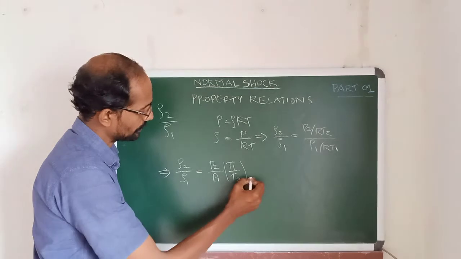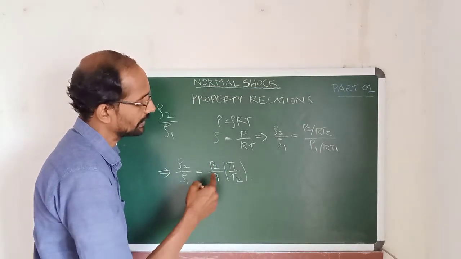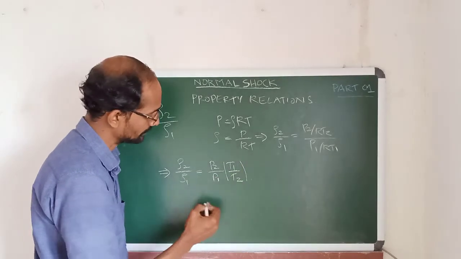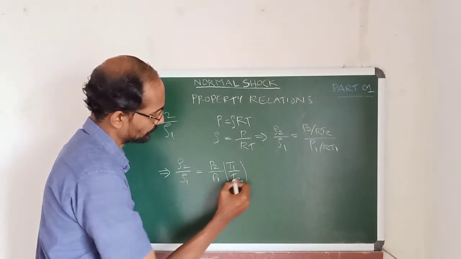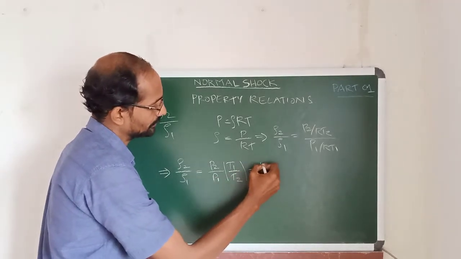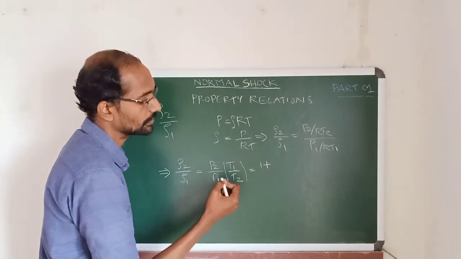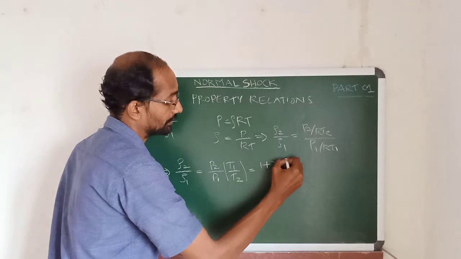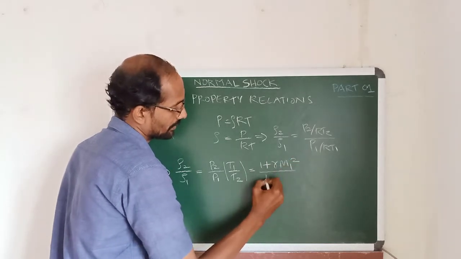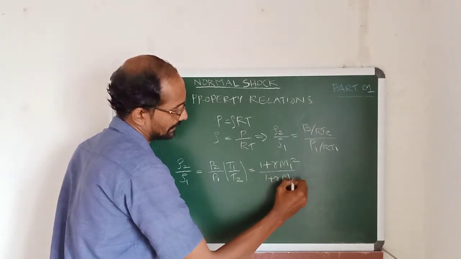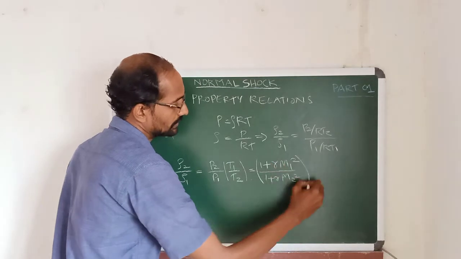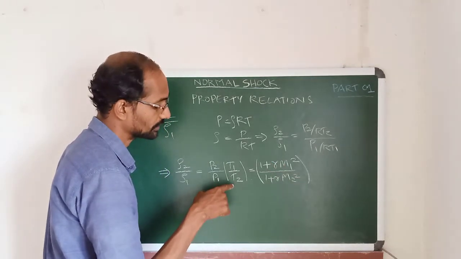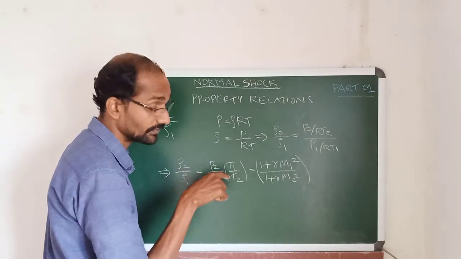Now we have already developed the expressions for pressure ratio and temperature ratio, so we will simply substitute them. For P2 by P1, you have two relations. I will simply use one, the momentum equation, or you can use the other. And we have already derived the expression for T2 by T1; here it is T1 by T2.